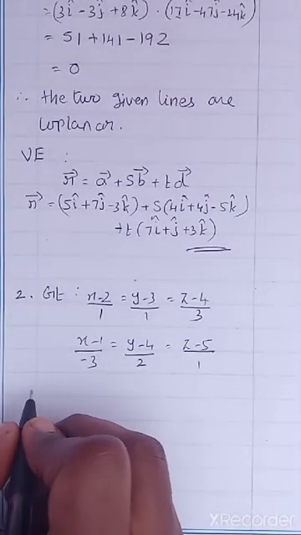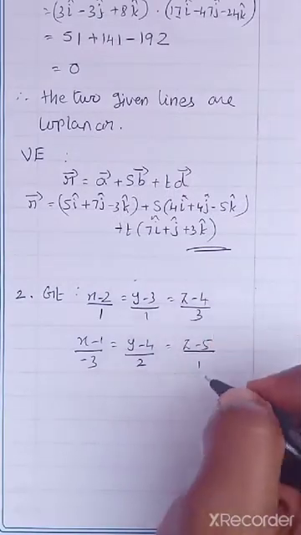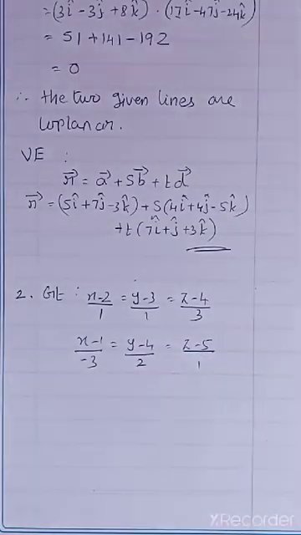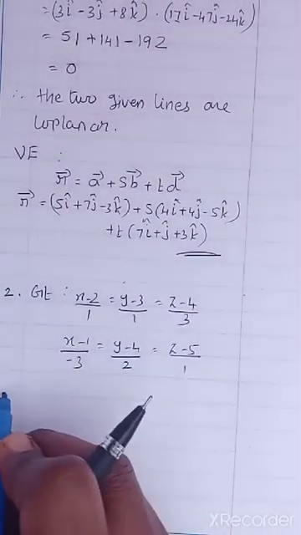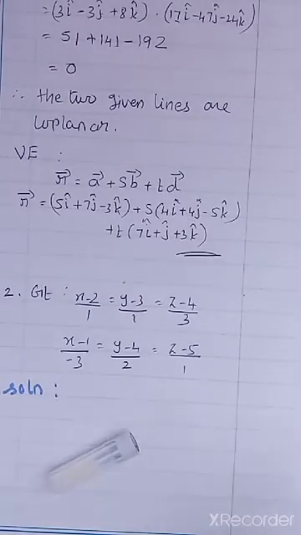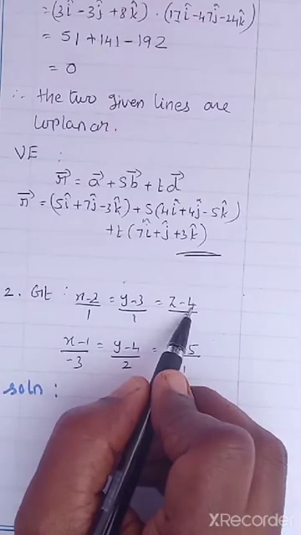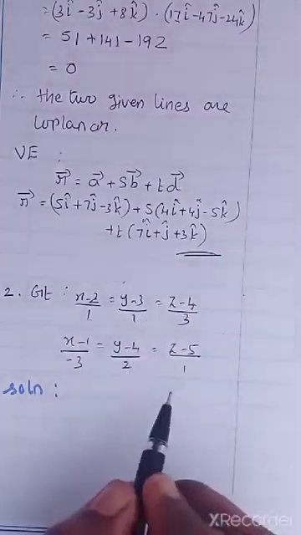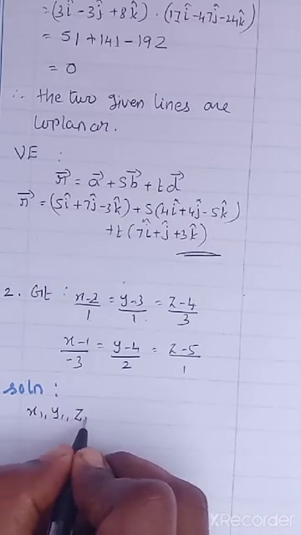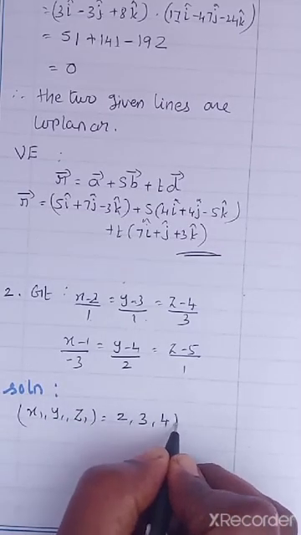So what do we want to prove? We have to show that these two lines are coplanar, and also find the Cartesian equation. Is that clear? So we'll get into the solution. Now, from this, the numerator is your point, the denominator is your vector. So x1, y1, z1 is equal to 2, 3, 4.